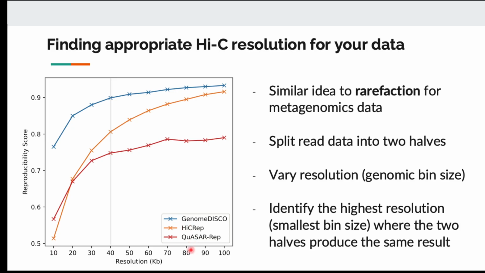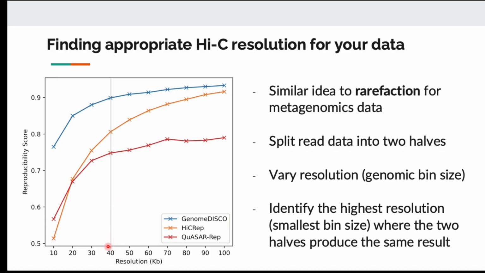These are different algorithms, different analyses. As we reduce the resolution from 10 kilobase to 20 to 30, the bins get larger and we don't get as high resolution. You see the reproducibility score becoming better and better because now you have enough data to analyze at this resolution.